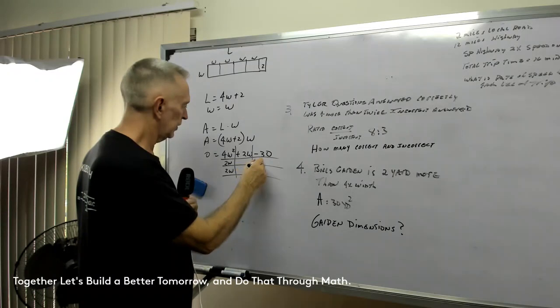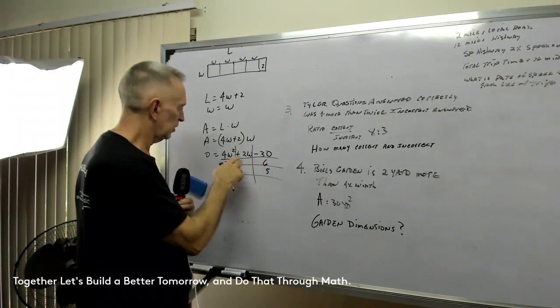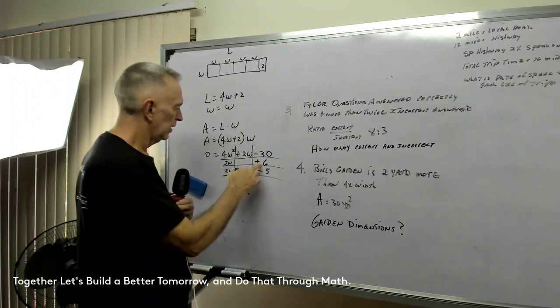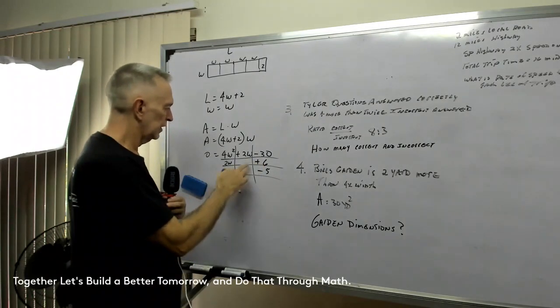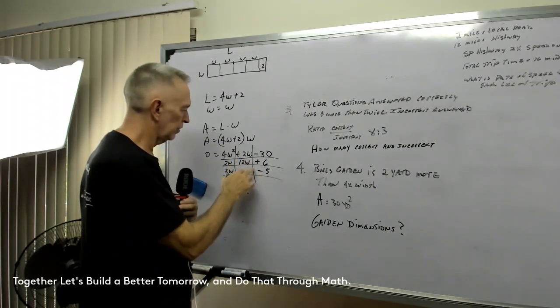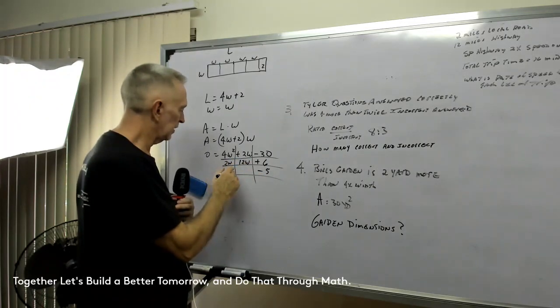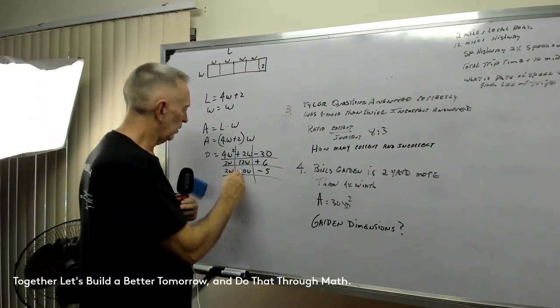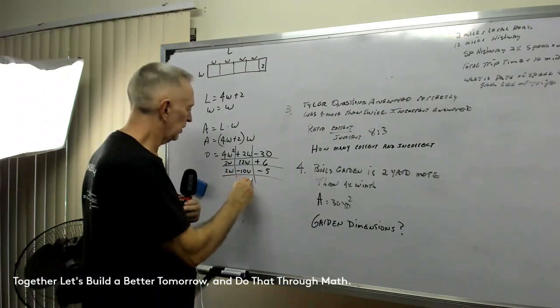Let's try that, 6 and 5, but it has to be positive, so this needs to be positive and that can be negative. All right, so positive 6 times 2W gives me 12W. Minus 5 times 2W gives me minus 10W. Add those together, I get a positive 2W.